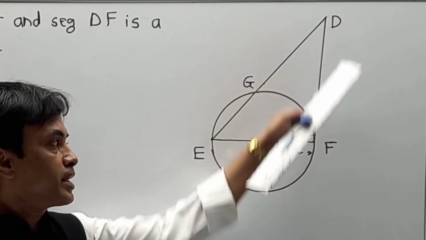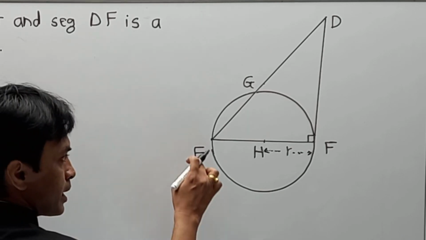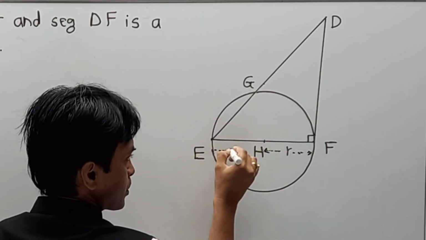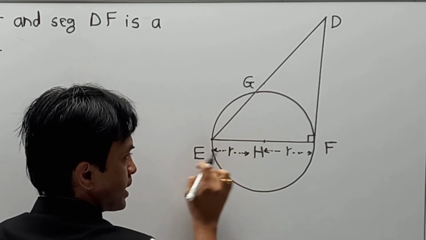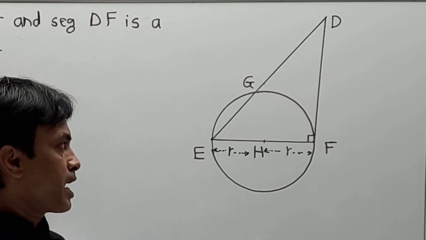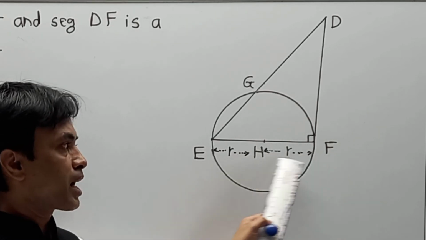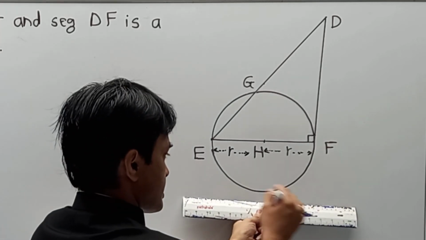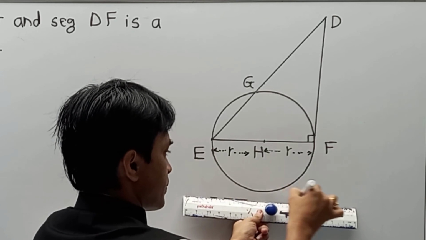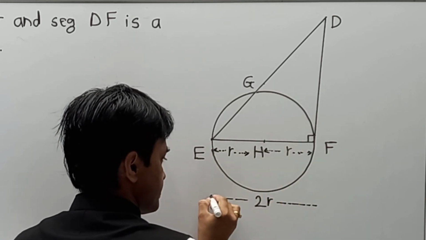Also EH is also a radius. EH is a radius, HF is a radius, means R plus R, it becomes total 2R. So remember, this entire part EF becomes 2R.